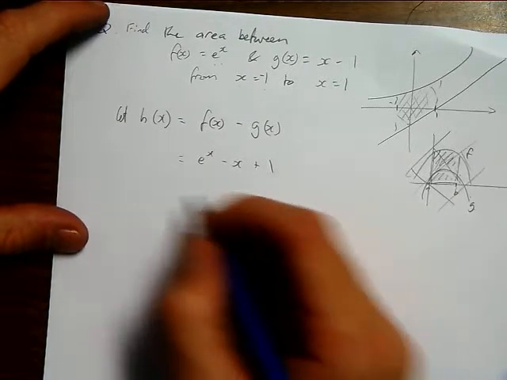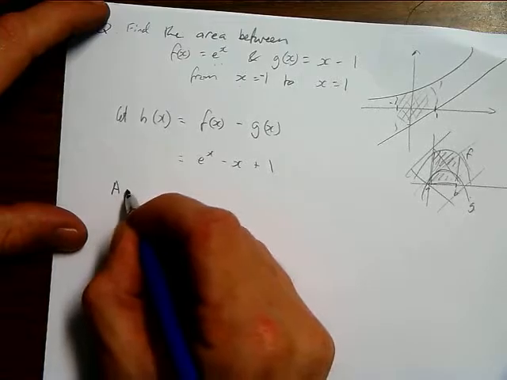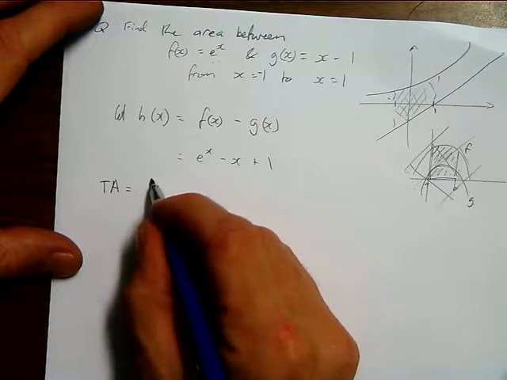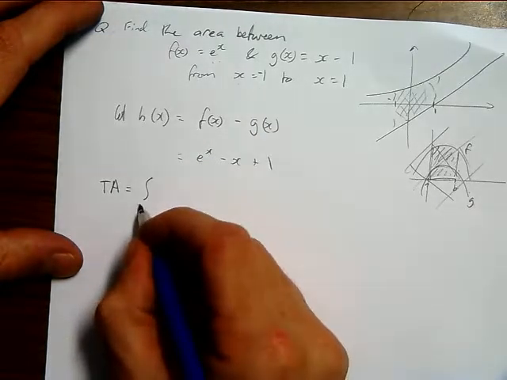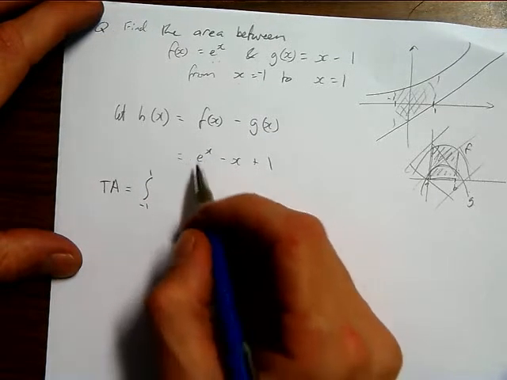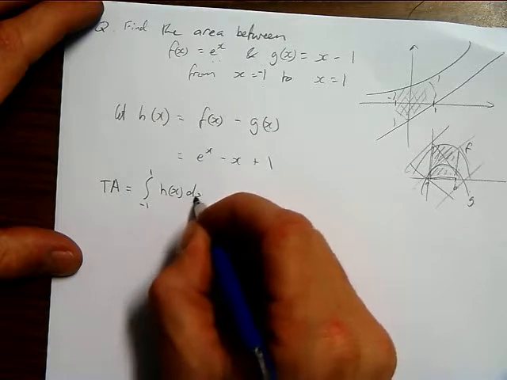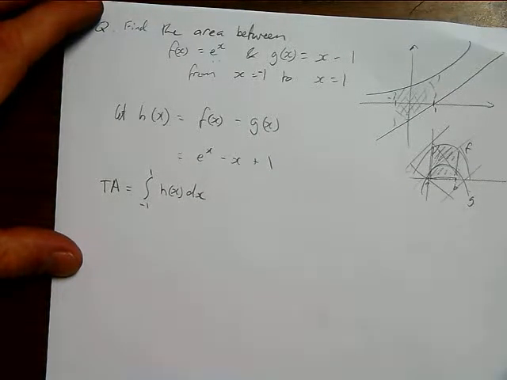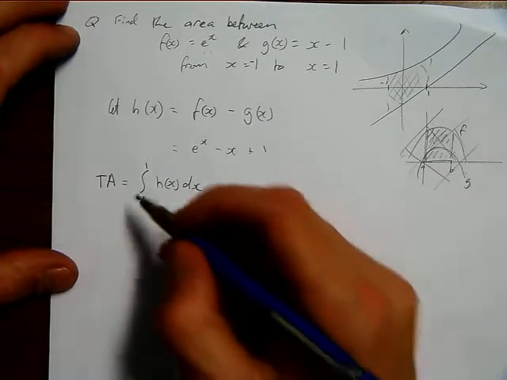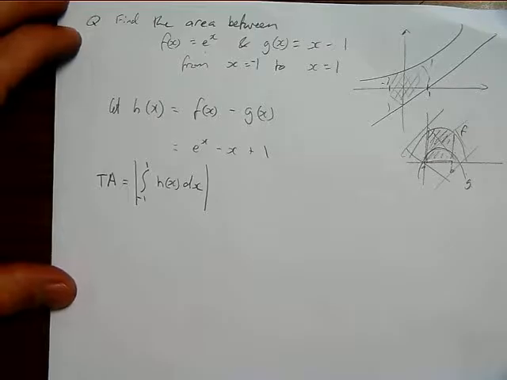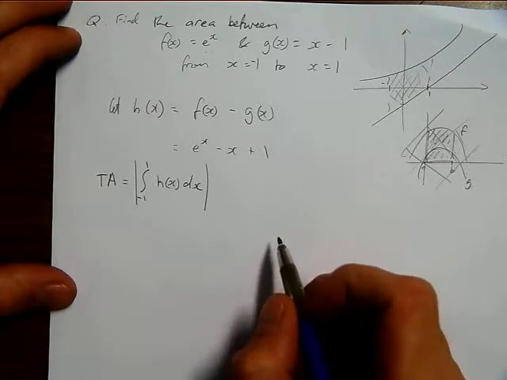Okay, so my area, my total area, is going to be the integral from -1 to 1 of my function h of x, but to make sure that I ignore that sign, I'm going to absolute value it. I'm going to mod it. Okay, now let's just work out a few things here first.